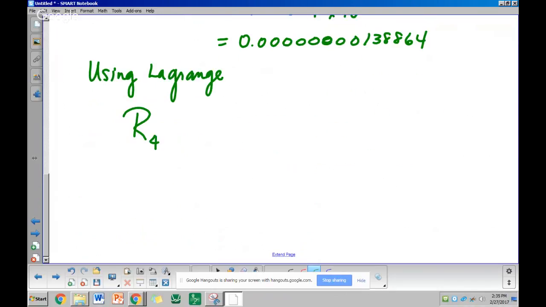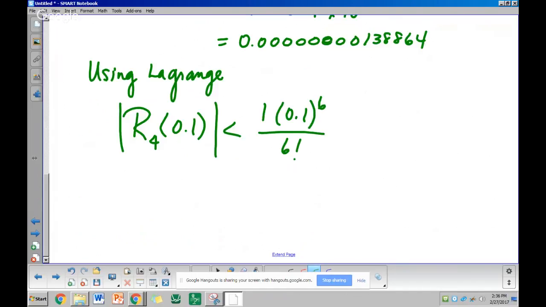We would say the fourth, right, because we use the fourth derivative. The error is going to be less than the maximum, which is 1 times 0.6, or 0.6, times 0.1 to the 6 over 6 factorial.